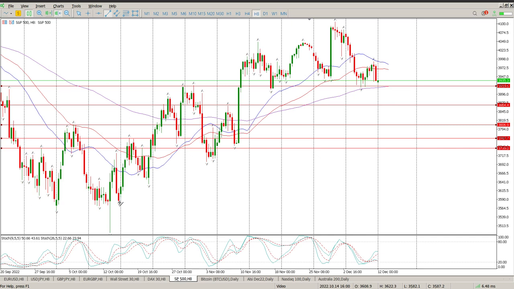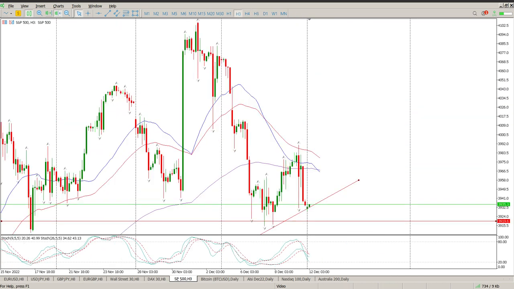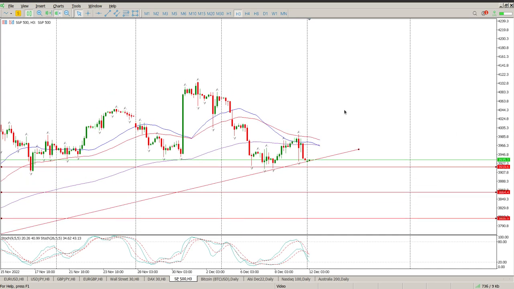The other thing that you need to bear in mind at the moment, though, is that we need a clear break and retest for any of those downside targets to take place. As we start drilling down through the time frames, you'll see we were above the moving averages most of last week, came back, and we've now tested the grouping of the moving averages as well.